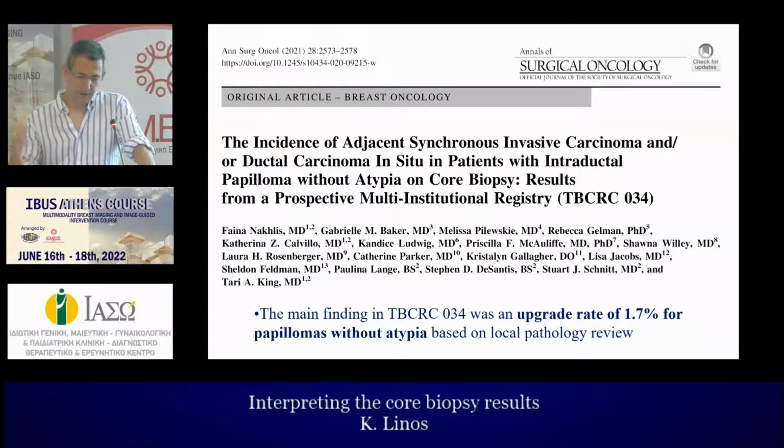I told you about the study for ADH. Now this was the TB-CRC 034 study, where the data came out last year, and the main finding was that the upgrade rate for a papilloma without atypia was as low as 1.7% based on local pathology review.